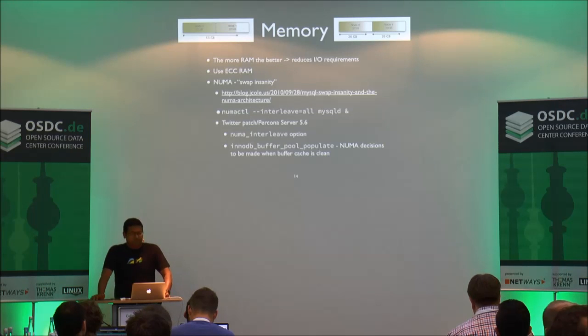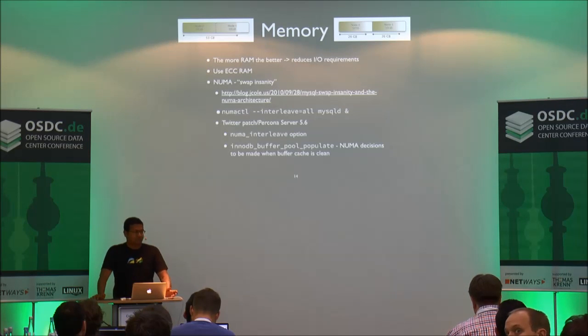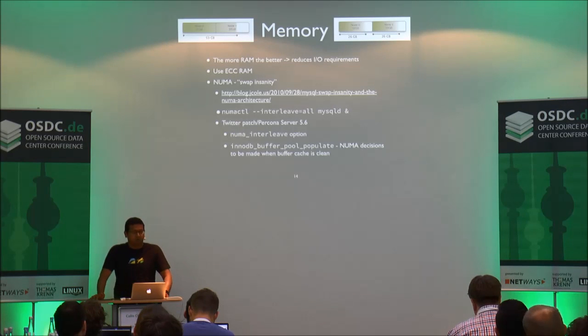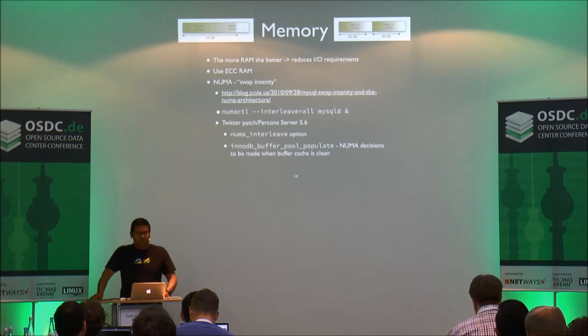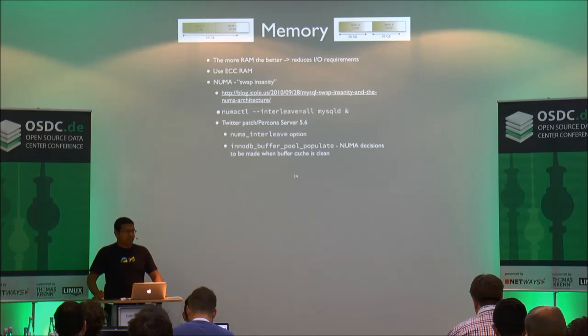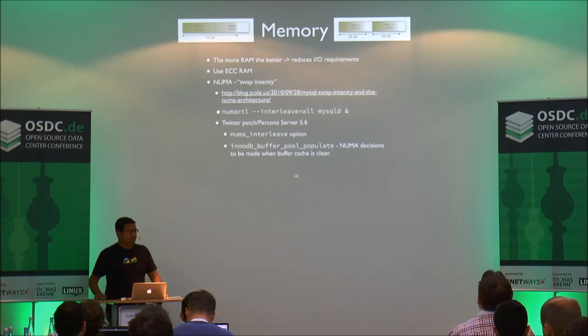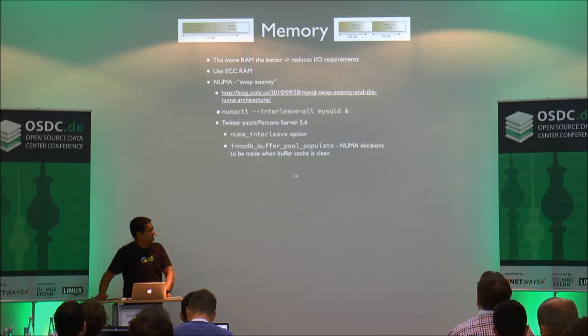NUMA interleaving is something that Oracle, the database, actually has, but for a very long time, MySQL and MongoDB didn't have. So when you run MySQL today on a fairly large system, where fairly large is maybe 64 gigs of RAM, which is maybe not so large to you now, you may want to use numactl --interleave=all, and then start up mysqld.